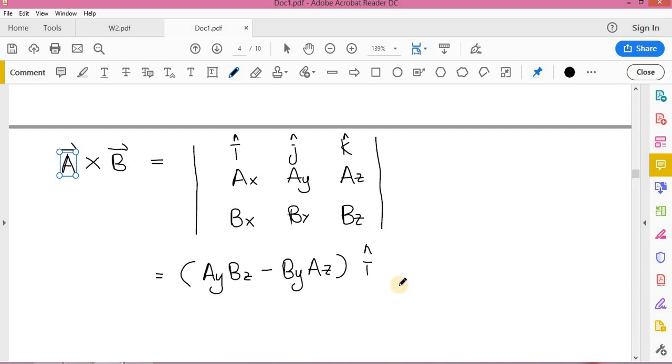Next we move on to the j component. We don't look at this column and also this row. So now it's 1, 2, 3, 4. The special thing is you have to put a minus here. Ax Bz minus Bx Az.